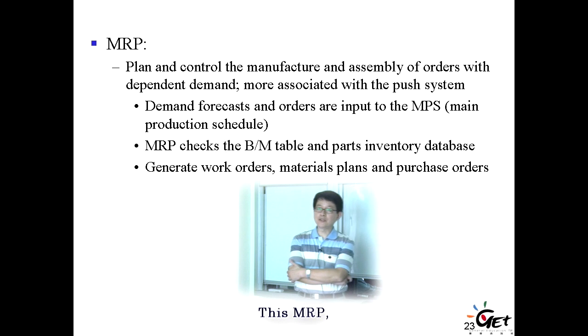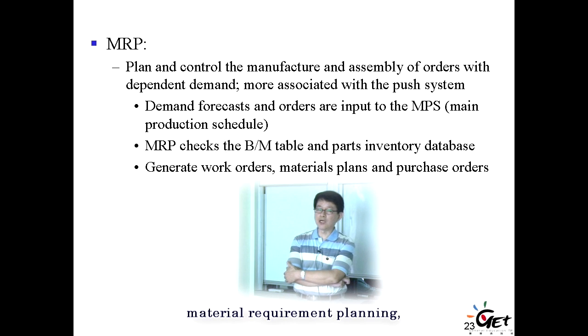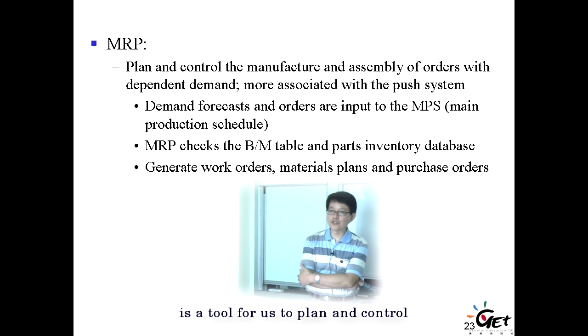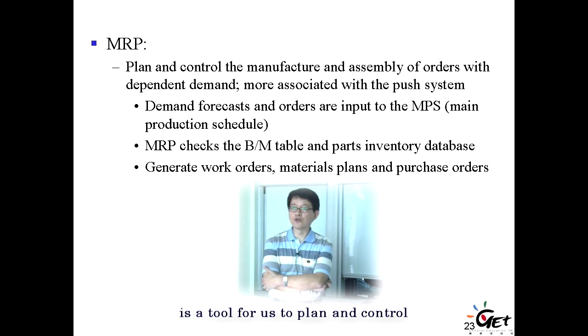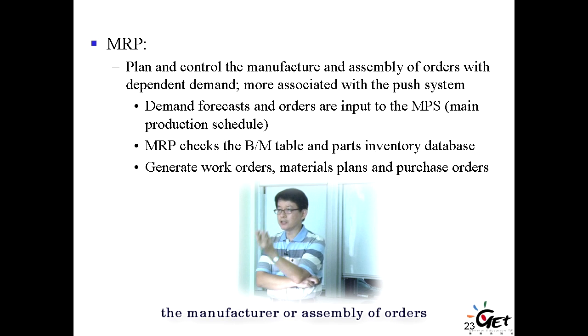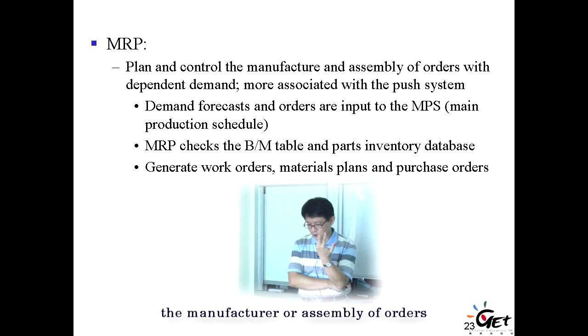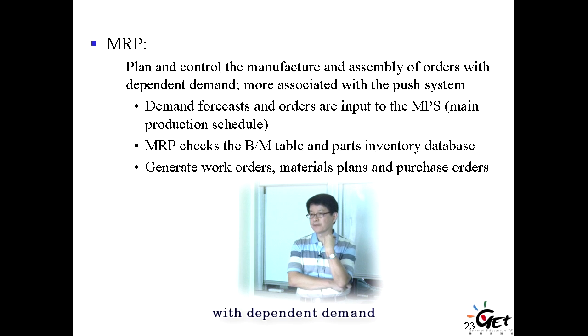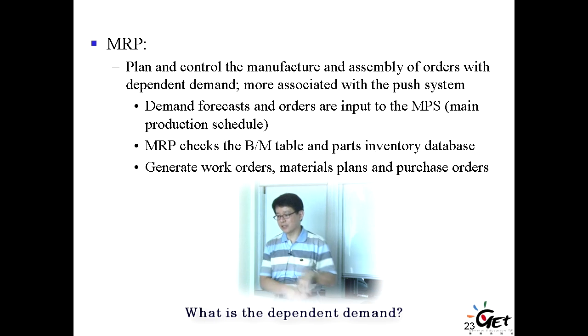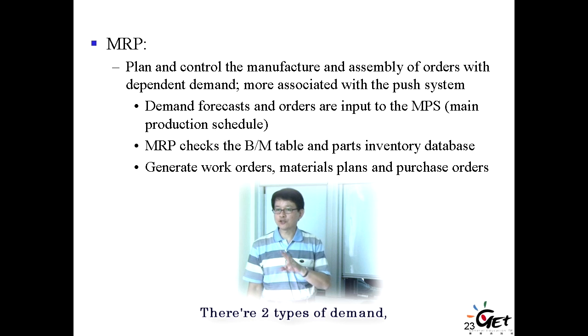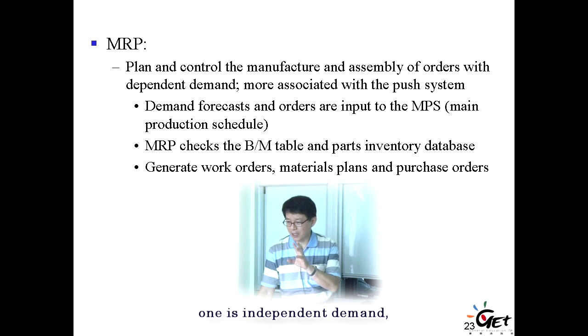This MRP, Materials Requirements Planning, is a tool for us to plan and control the manufacture or the assembly of orders with dependent demand. Okay, what is dependent demand? There are two types of demands. One is independent demand. The other is dependent demand.